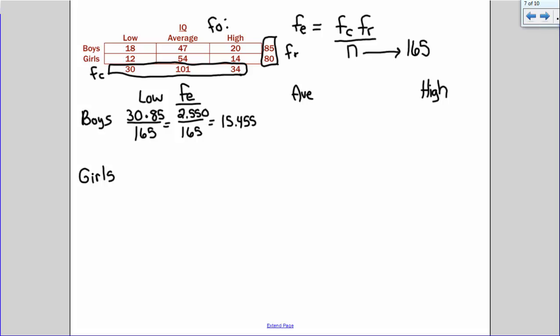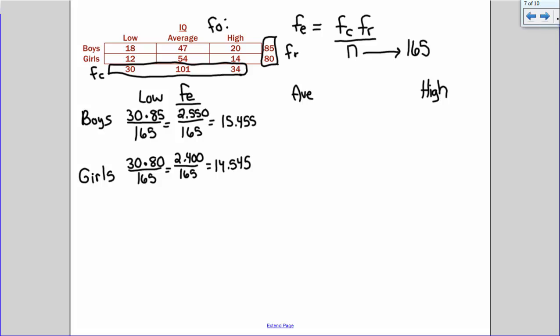Now for the girls with the low IQ, we have 30 children with a low IQ multiplied by 80 girls divided by 165. So that becomes 2,400 divided by 165. And we are expecting 14.545 girls to have a low IQ in our sample if we have no relationship, roughly that amount.